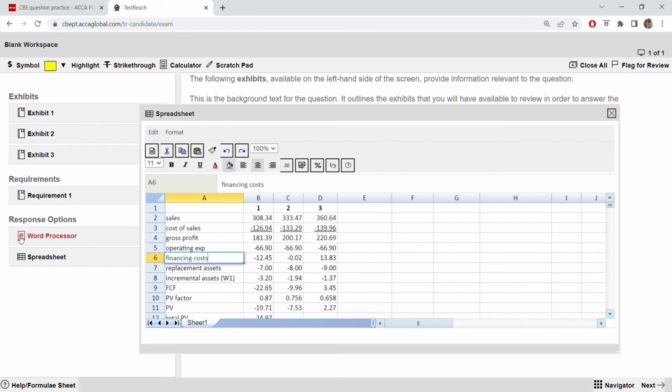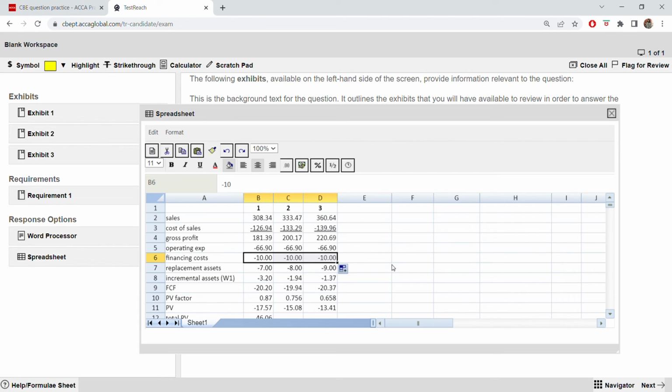Financing cost also will remain same, 10. It's already minus, so just minus 10. So just take it to the other two cells. Minus 10.